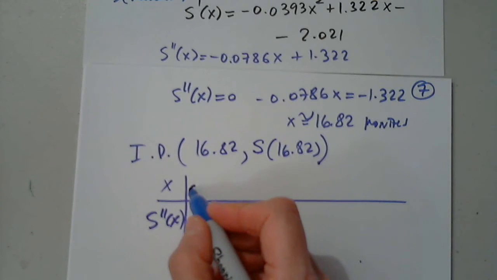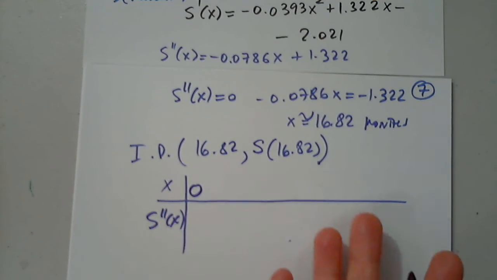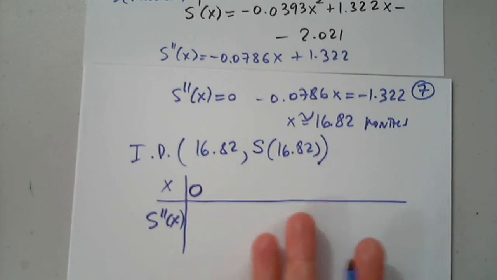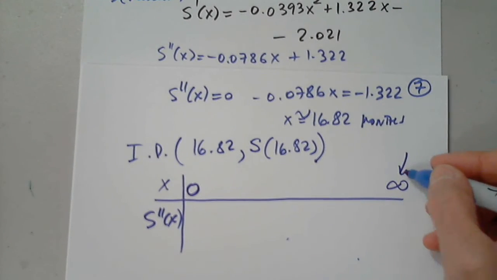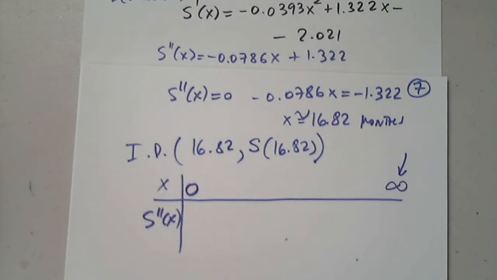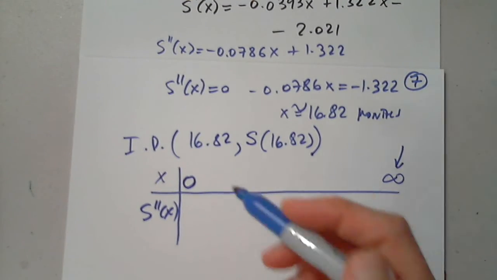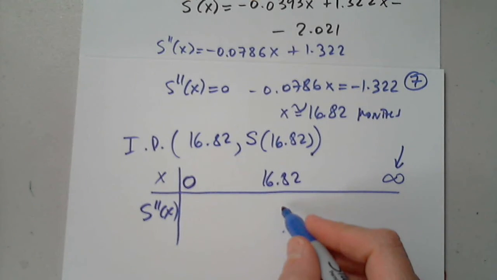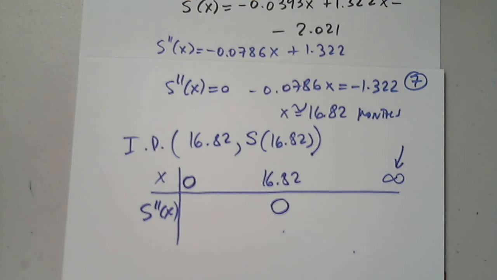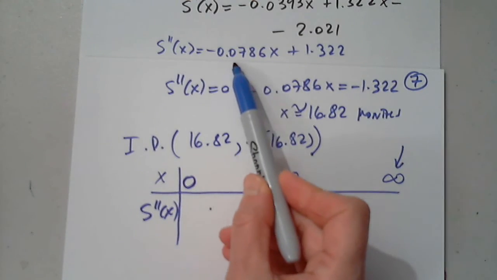So of course I cannot have negative months, careful. Although that's a polynomial function, defined everywhere, x is in months, so I have to write 0 to infinity. And this is somewhere 16.82, and the second derivative is 0. Now I need to study the sign. This is the second derivative.